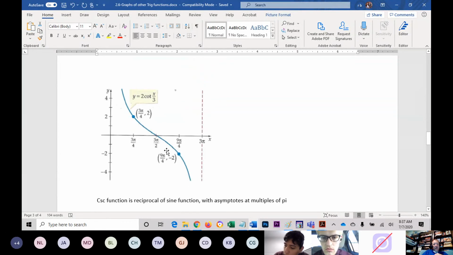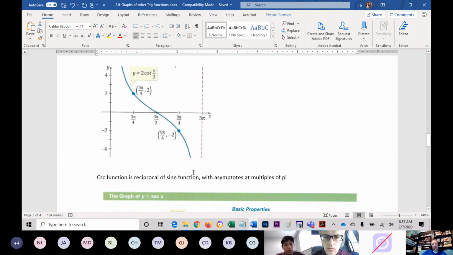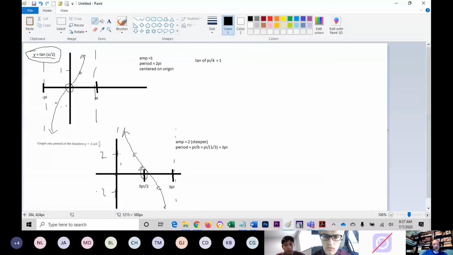So these other points would be 3 pi fourths and 9 pi fourths, and then plus or minus 2, as we said. In fact, I probably should have labeled those on my graph. Sometimes those are a little bit harder to figure out.